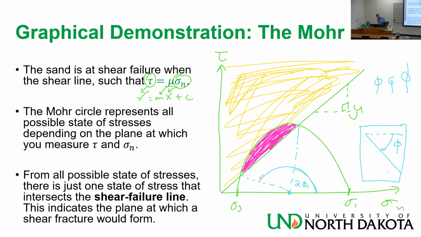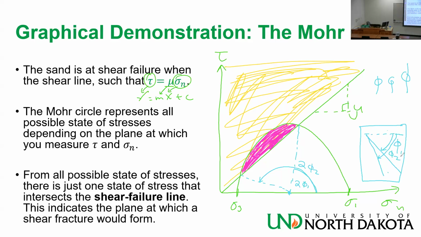Sometimes they use beta for phi. And this one is 2 phi 2. So this is phi 1, maybe this is phi 2, right? That causes the failure.